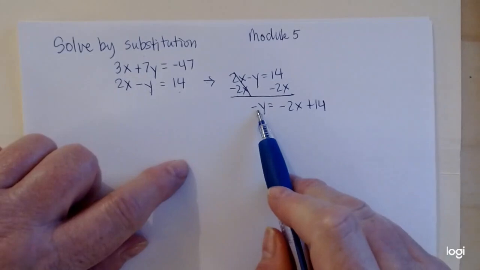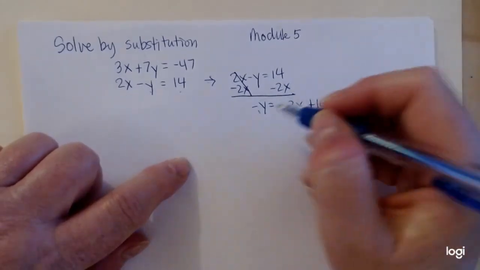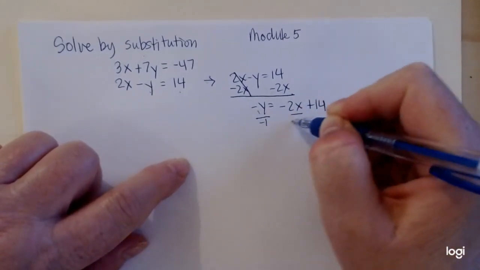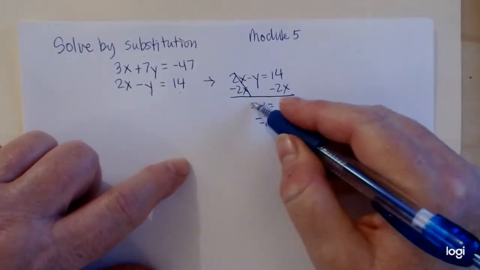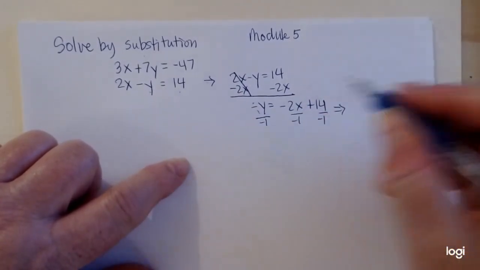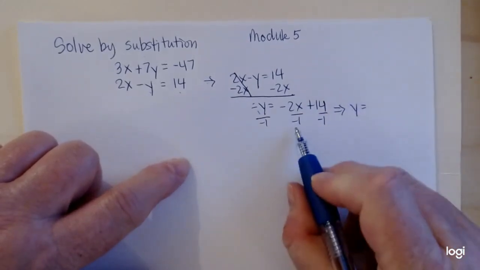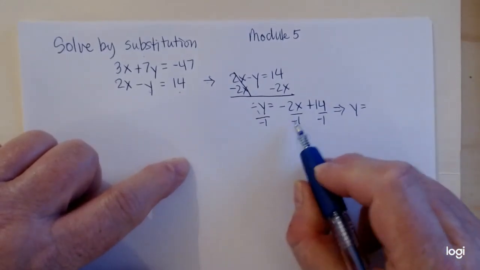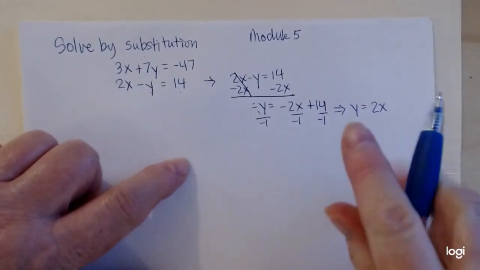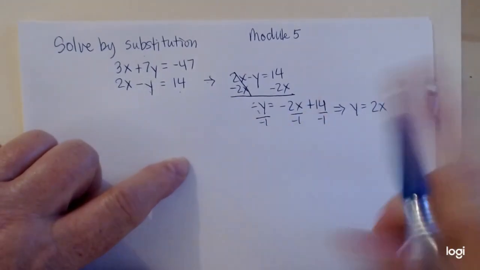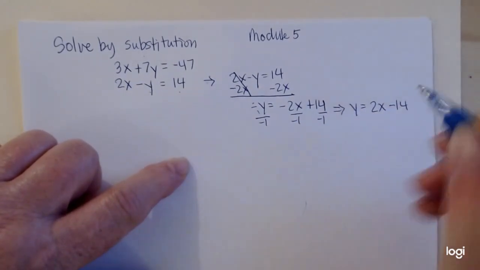And I have to divide everything by -1 to get rid of this negative sign. So -1, divide by -1, divide by -1. And what I get is a positive y equals, this is a positive 2 coefficient here, so positive 2x. And over here, this turns into a -14, so minus 14.